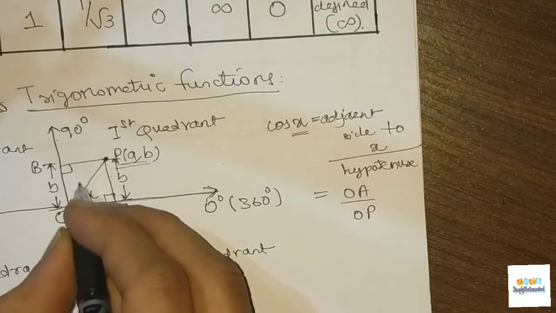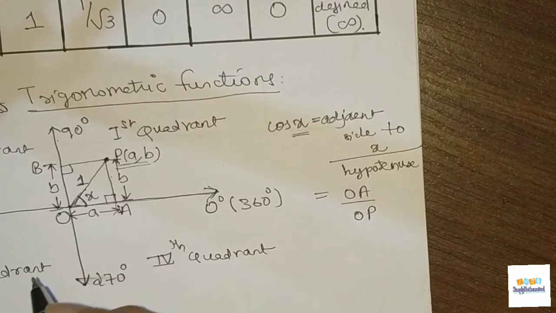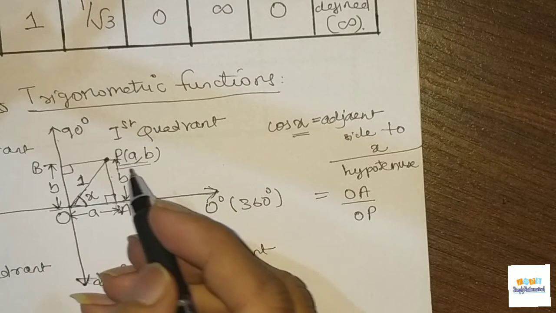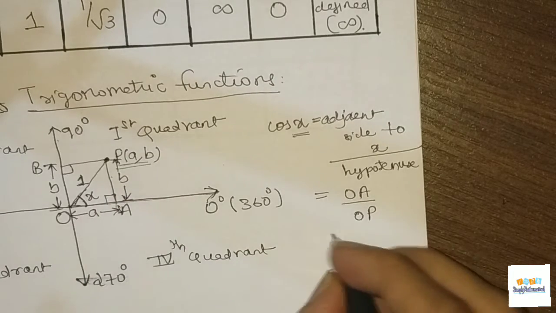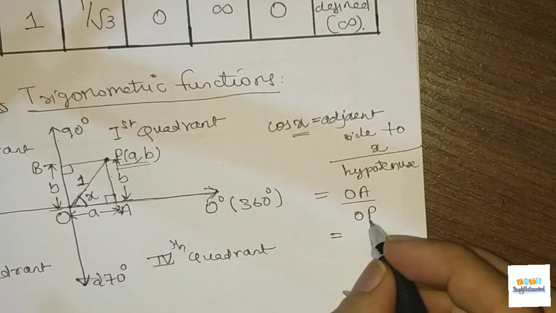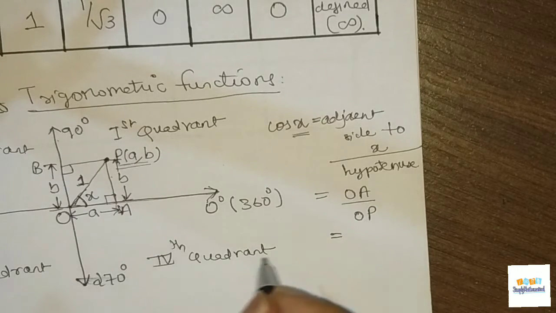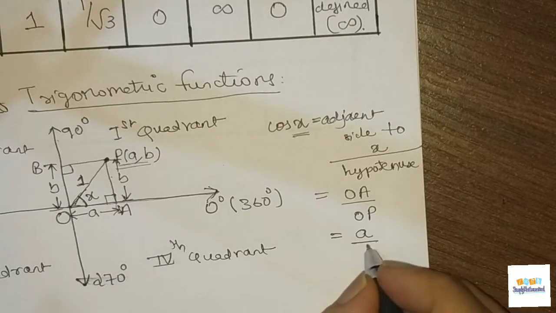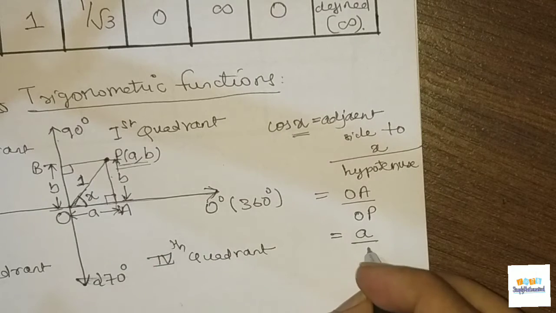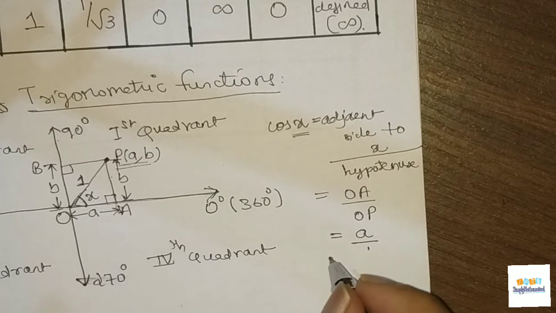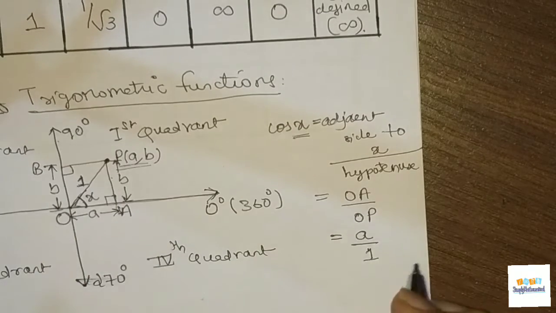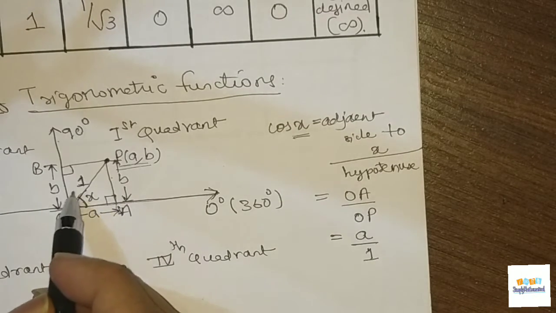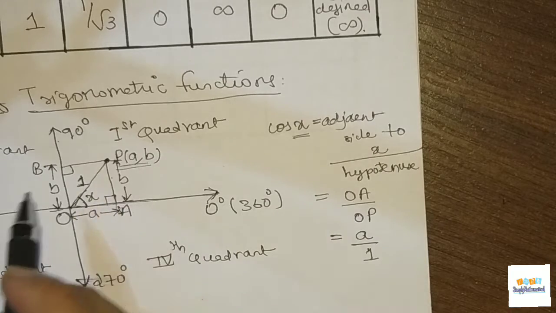Now if we take this distance as 1, then what you will get here is OA divided by OP, which is A divided by OP, that is 1, the hypotenuse. Any value or any distance you can take; I have taken 1 for simplicity.